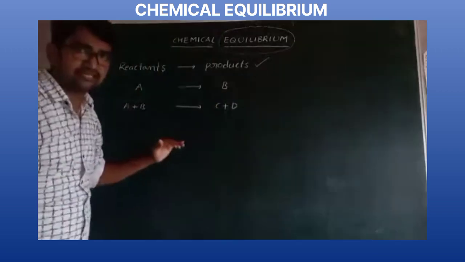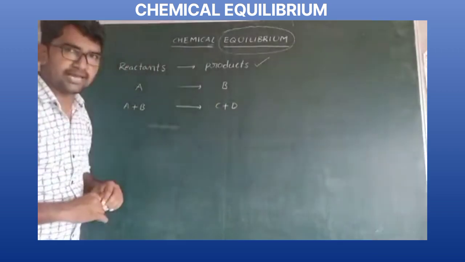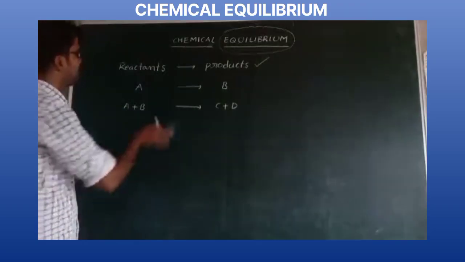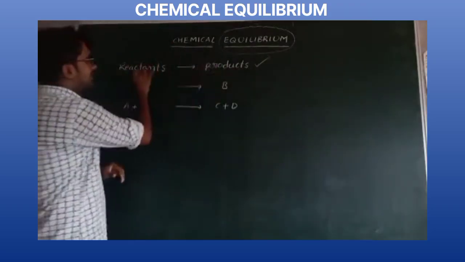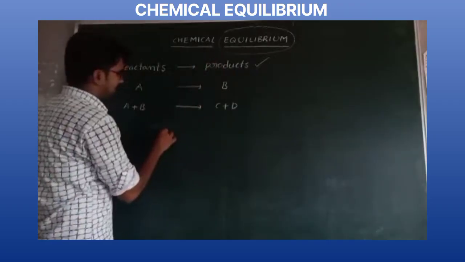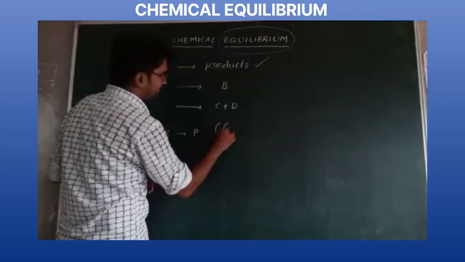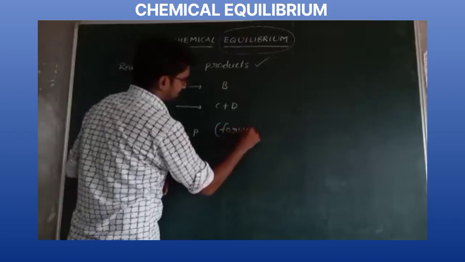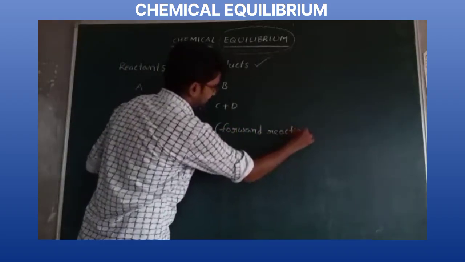Such types of reactions are called irreversible reactions. Irreversible reactions mean reactants give products. This reaction is simply called the forward reaction.